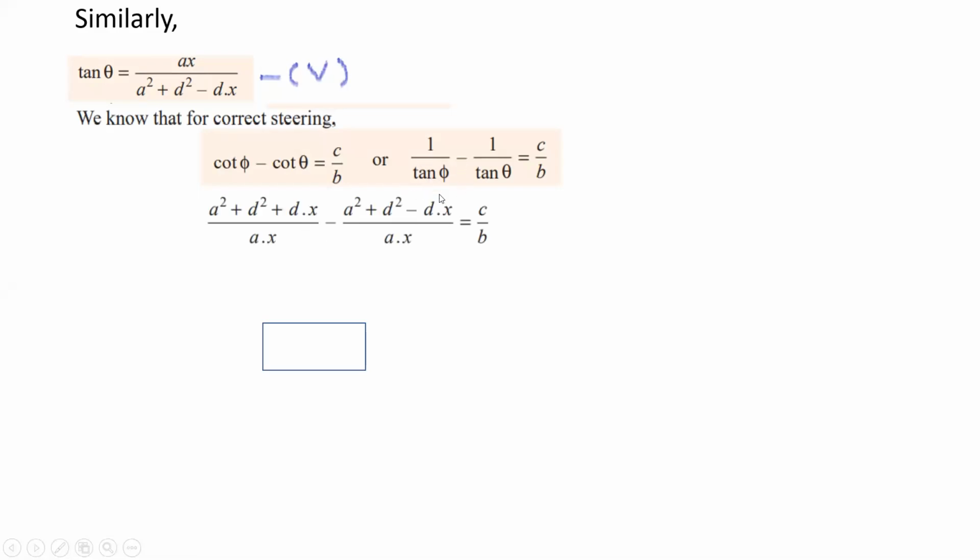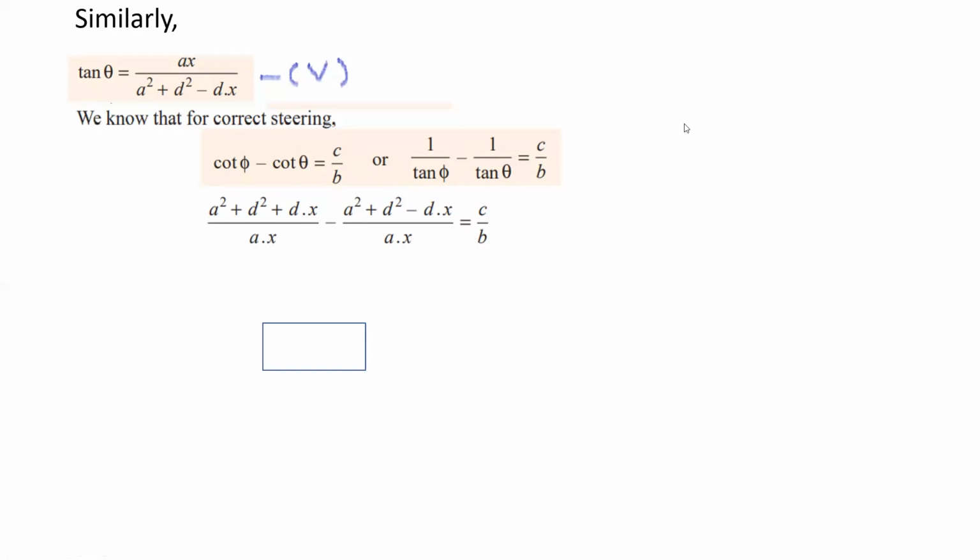You get an equation like this: tan phi is a into x upon a square plus d square plus dx, minus, then put the value of tan theta here, a into x upon this. Solve this equation. Then a square minus a square will go, d square minus d square will also go, and minus minus becomes plus, so dx plus dx means 2dx. You will get 2dx upon ax.